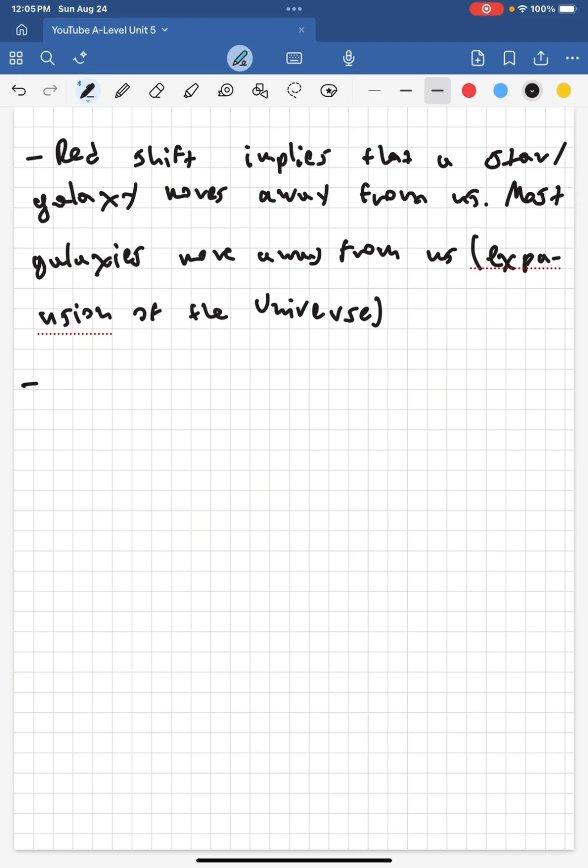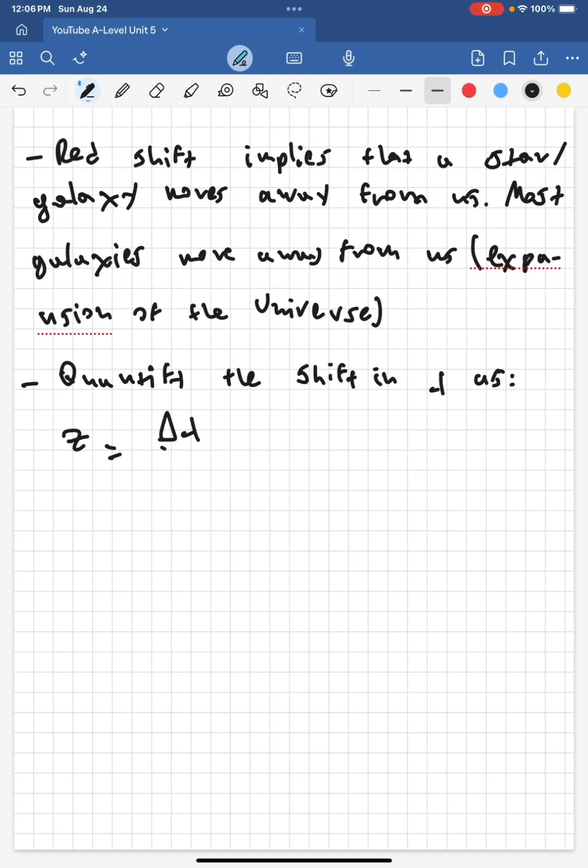Let's quantify the shift in wavelength. The shift in lambda is given by this variable z, which is the difference between the wavelength we observe in the lab and the wavelength we observe from the star that moves either towards us or away from us.